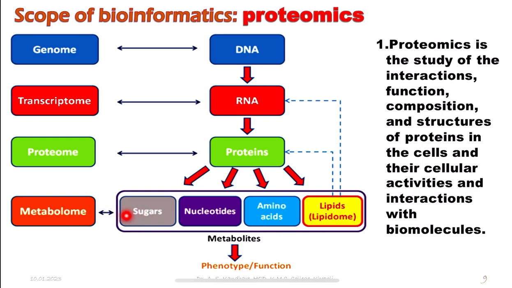Means we are correlating the entire component of the protein which is present in the cell, and its relation with other biomolecules, other metabolites. So that thing we are learning in this proteomics.